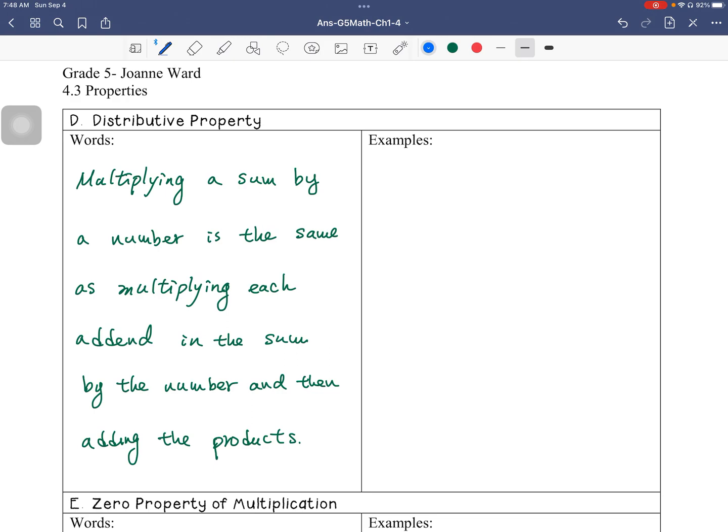So now we have the distributive property: 3 times (5 plus 10) equals 3 times 5 plus 3 times 10.